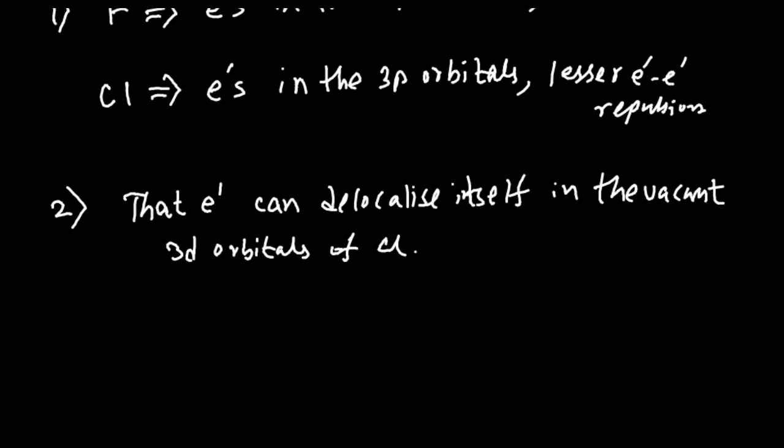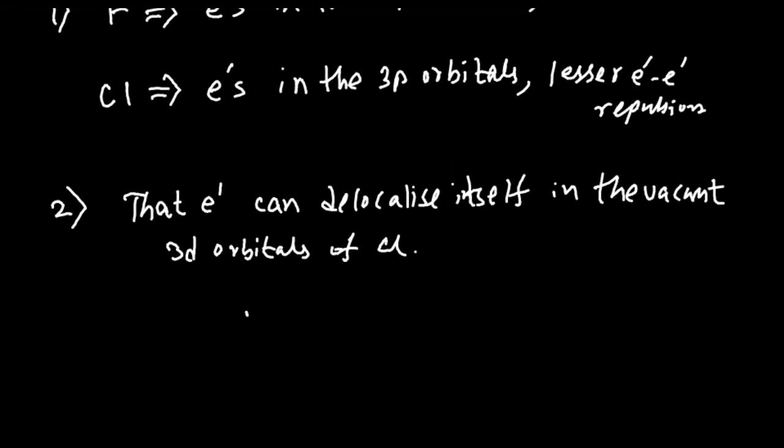Okay, so it cannot undergo delocalization in case of fluorine, but in case of chlorine, the electron has the liberty to get itself delocalized into the vacant 3d orbitals. So for that, the numerical value of electron gain enthalpy increases.